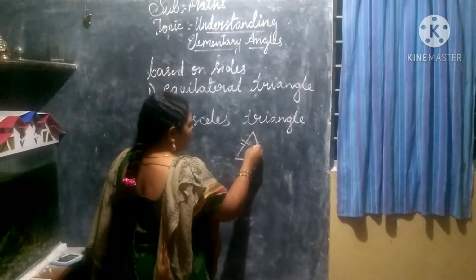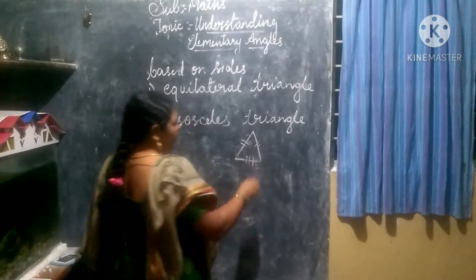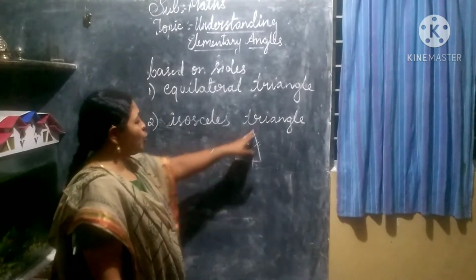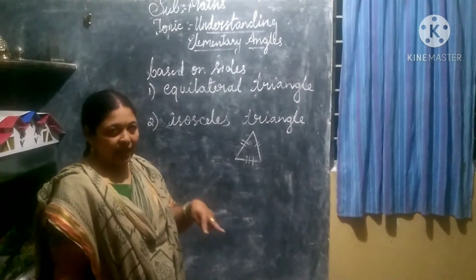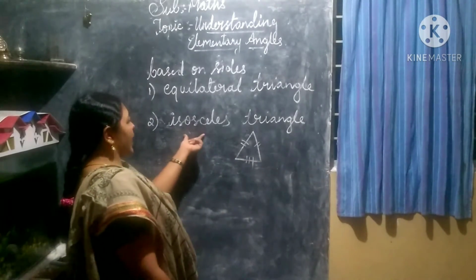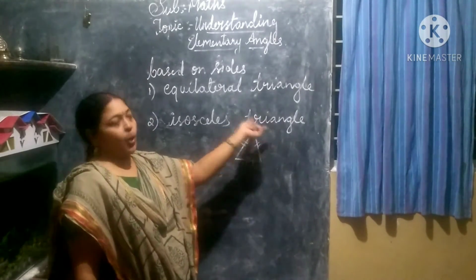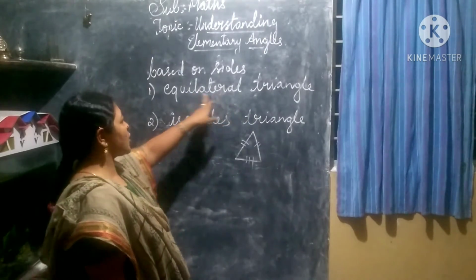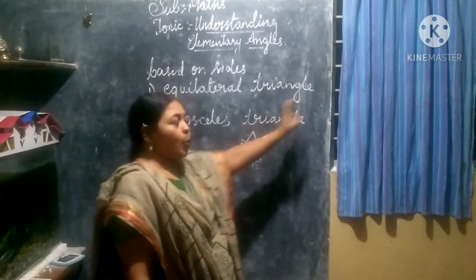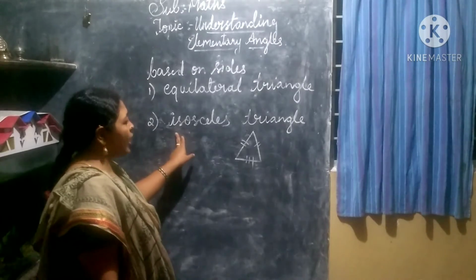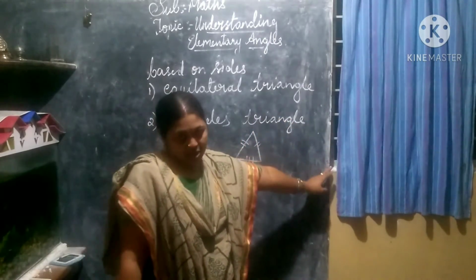See, these 2 will be equal, this one will be different. So when the 2 sides of a triangle are equal, then it is called an isosceles triangle. When 3 sides are equal, it is called an equilateral triangle. When 2 sides are equal, that is called an isosceles triangle.